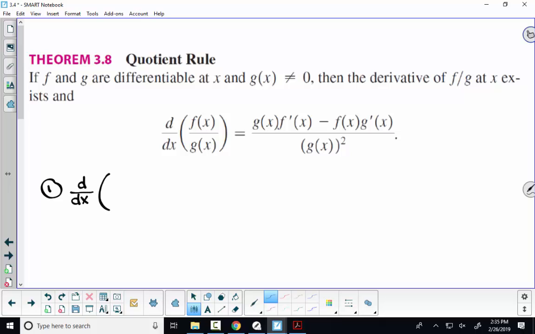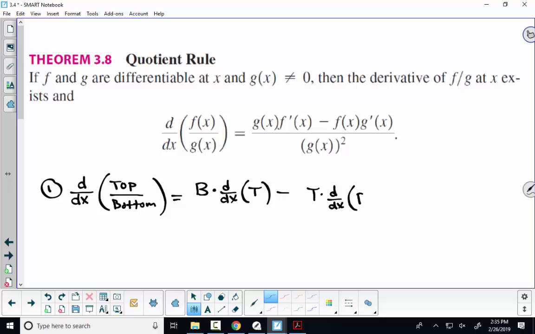So the derivative of the top over the bottom. The quotient rule says it's the bottom times the derivative of the top, minus the top times the derivative of the bottom, all over the bottom squared.